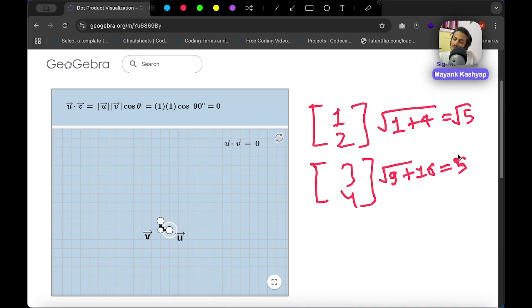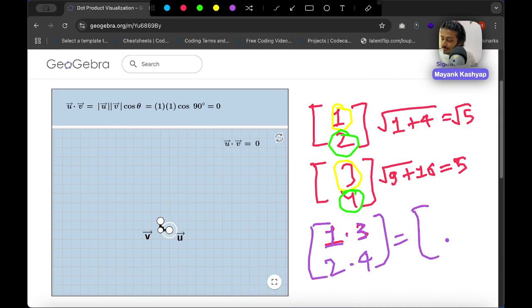Now this and this, when we multiply these and divide by the dot product. So dot product will be like this: 1 times 3, this being multiplied by this, and 2 times 4.